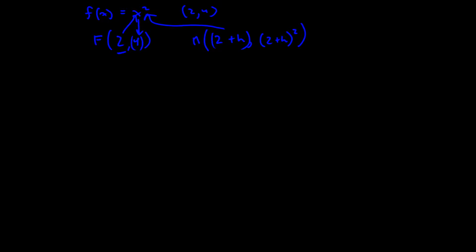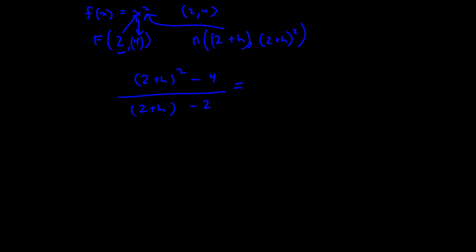Okay, so now we just use our slope formula, and we're going to end up with 2 plus h squared.